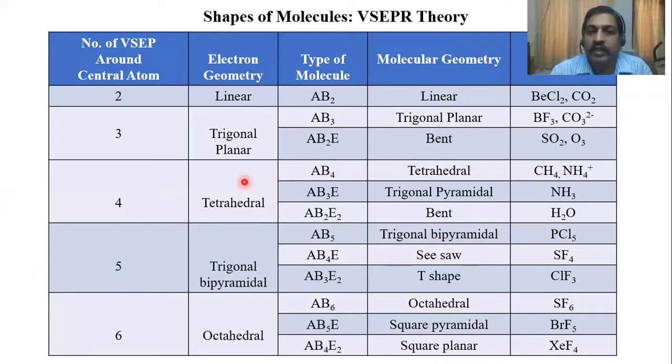Third point, when there is one or more lone electron pairs on the central atom, the molecular geometry will be different from the electron geometry. Another important point to be noted is in case of trigonal bipyramidal electron geometry, if there is a lone electron pair, the lone electron pair will occupy only equatorial positions.